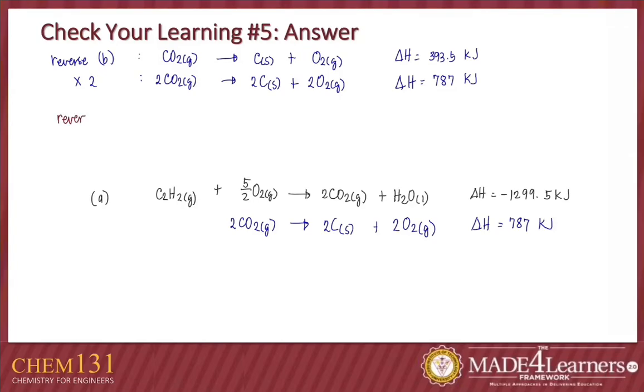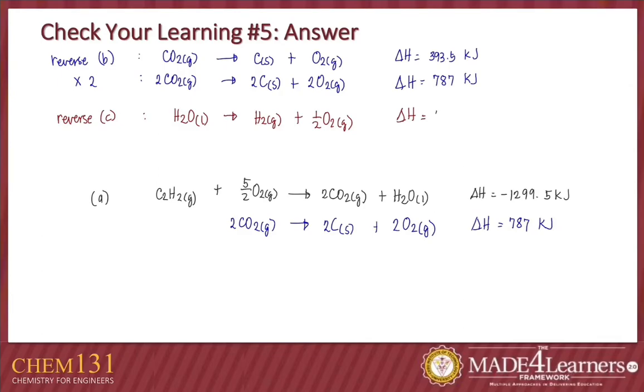For C, we are going to simply reverse. Let's use the red pen. So we reverse C. I want you again to look at your copies. So mahimo ninyo yung H2OL producing hydrogen gas plus 1/2 oxygen gas. And that would give us a delta H of, nabaliktad raman.